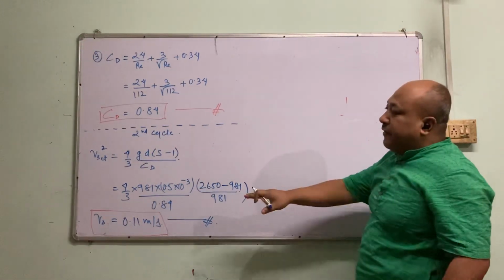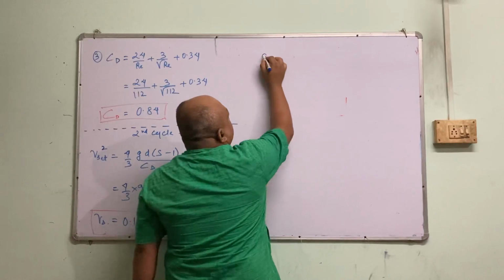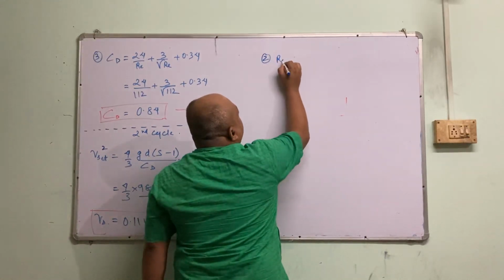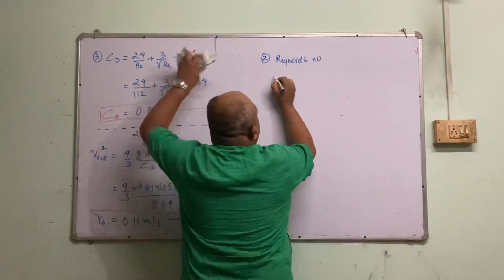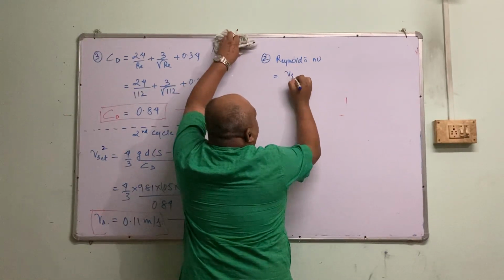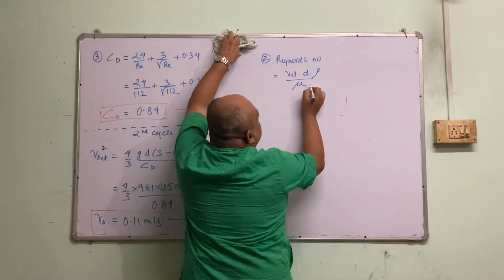And after finding the settling velocity, the second step for the second cycle is you have to find again the Reynolds number, which is equal to settling velocity into diameter into density divided by dynamic viscosity.